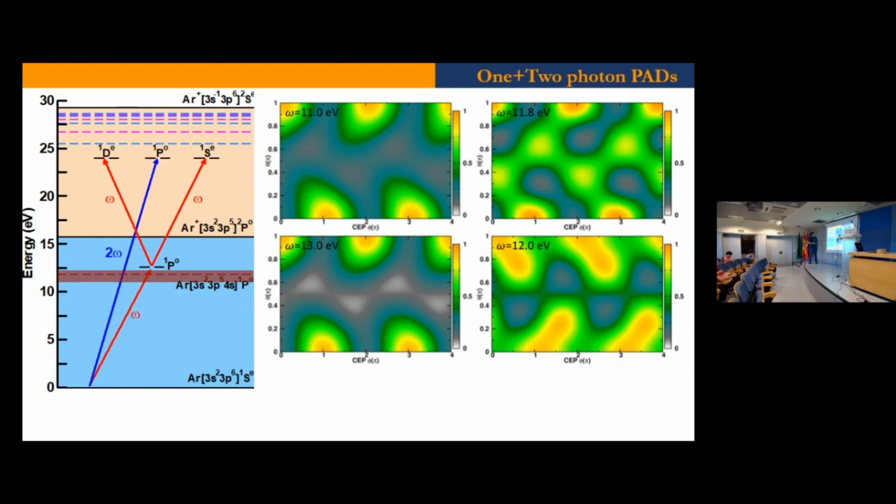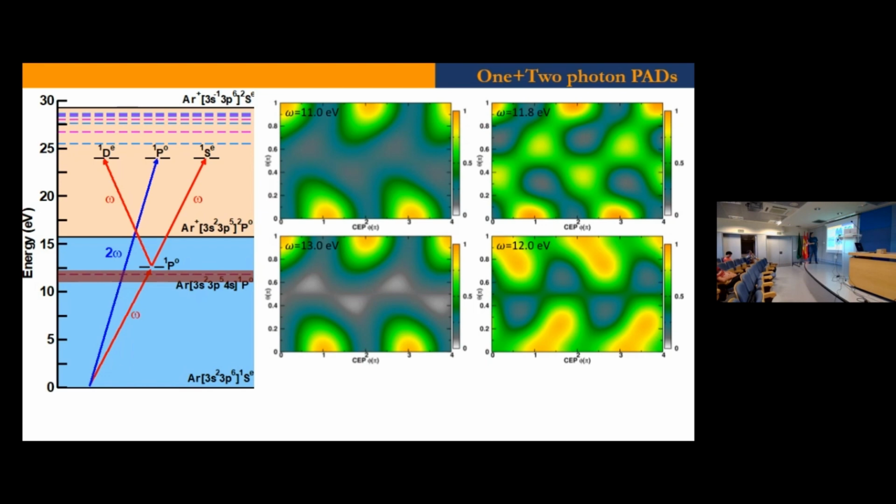What you can do, just to be completely sure, is to plot the angular distribution for different photon energies. So in this case, I plotted from 11 to 13 eV as a function of the CEP and the photoelectron ejection angle. Again, this is pretty symmetric. It oscillates sinusoidally with the CEP.